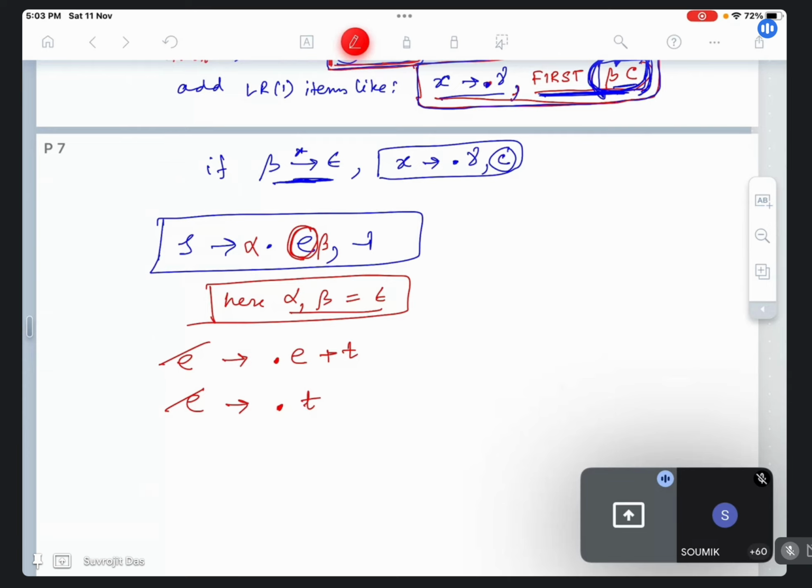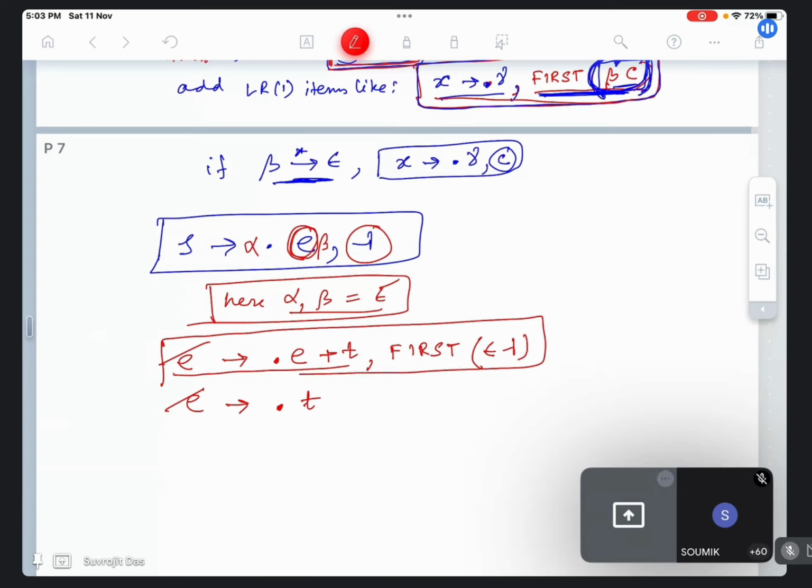So the first LR1 item that I build from this is, I give a comma and I say the look ahead symbols are first of beta C. Beta is epsilon, and C was the end of input marker. So this is the first LR1 item that I generate by using the kernel item. This was a kernel item, right?